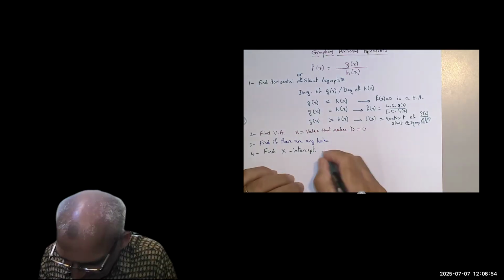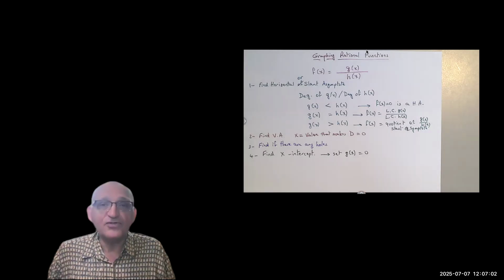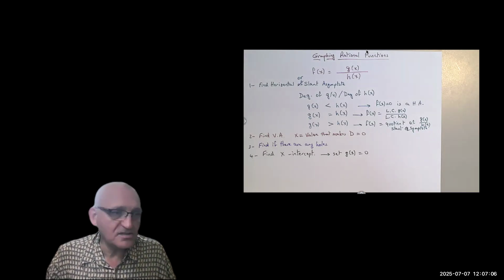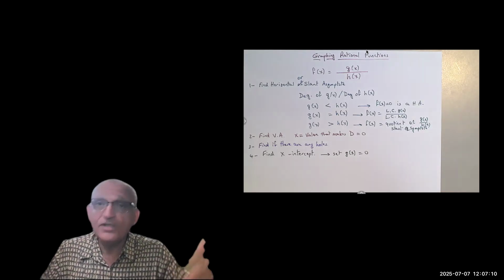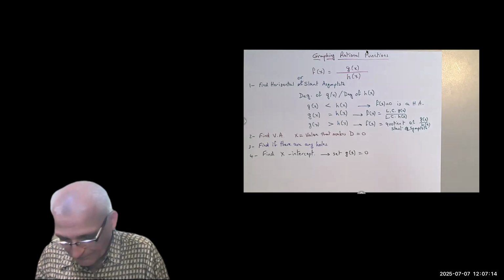So set, in this case, g of x equals 0 and solve for x. So that will tell you it crosses at x equals -3, at x equals 10, or it doesn't cross the x-axis at all. Okay.